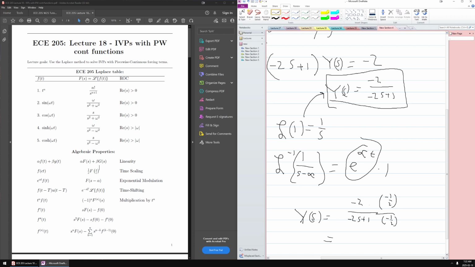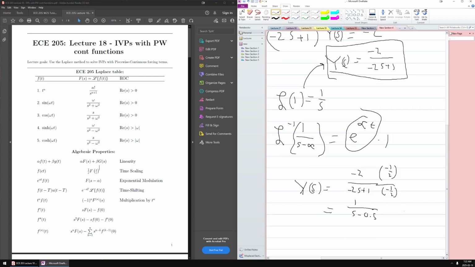So here, the top, I'm going to get a 1, and in the bottom, I'm going to get an s minus 0.5. And from here, I can now just say, well, this tells me y of t is going to be just my exponential, e to the minus 0.5 t. Yep, so that's all there is to this.